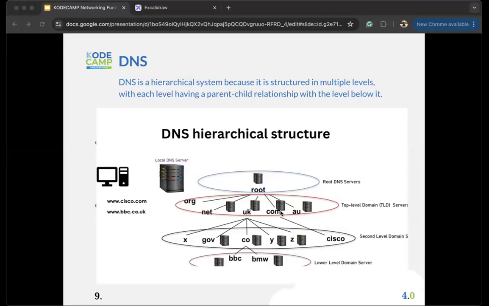From the top level domain, it then resolves the authoritative name server for that domain. That authoritative name server would be your Cisco, for instance. No, Cisco would be like the second level domain, right? Which represents your own server.